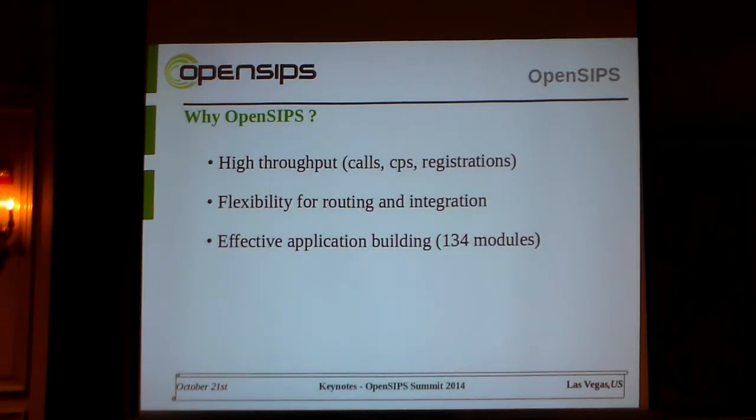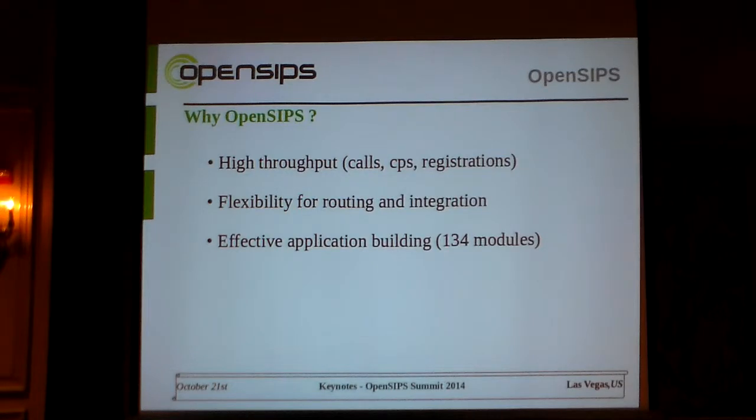Answering a quite popular question, like why should I use OpenSIPS, or what makes OpenSIPS so interesting for VoIP platforms? Well, we have three important reasons, starting from the ability to deliver high throughput on voice over IP systems.